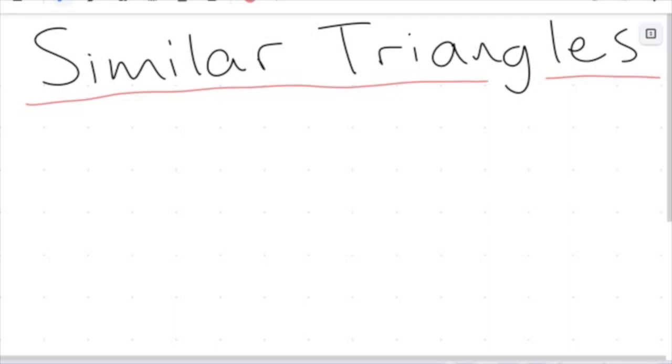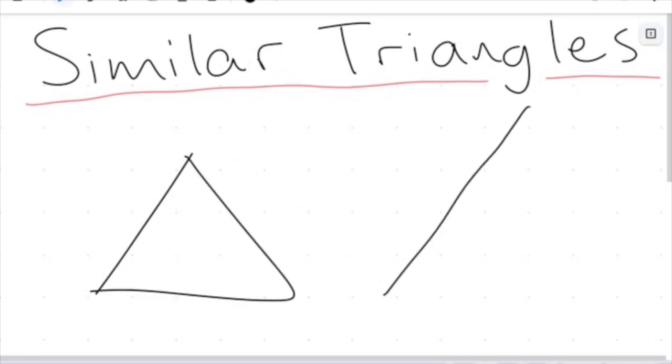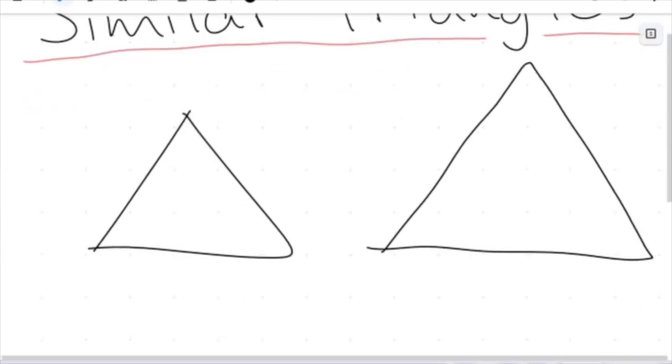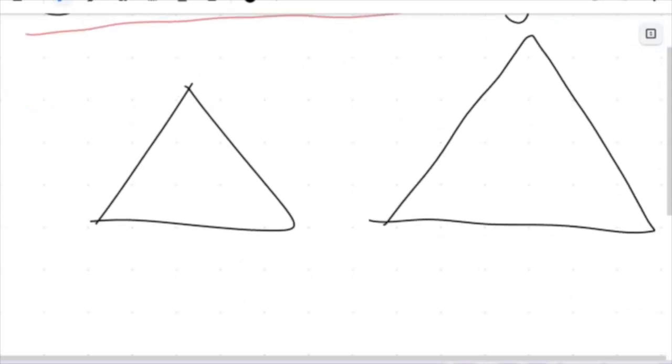Now, what did we discuss before in terms of similar figures? Well, we said that for things to be similar, particularly shapes, they have to have all their angles similar. So, for example, the different corresponding angles should be equal.